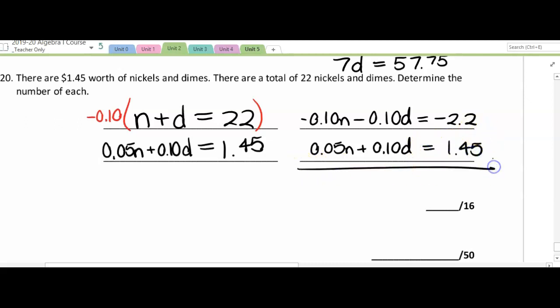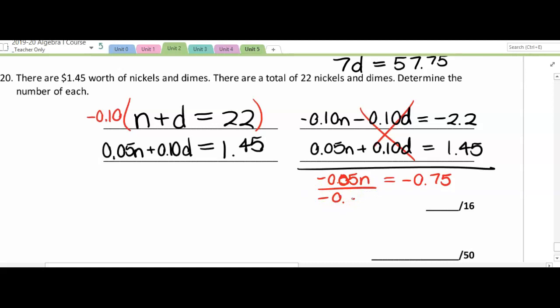When I combine them, the d's will cancel out, and I'll be left with -0.05n equals -0.75.